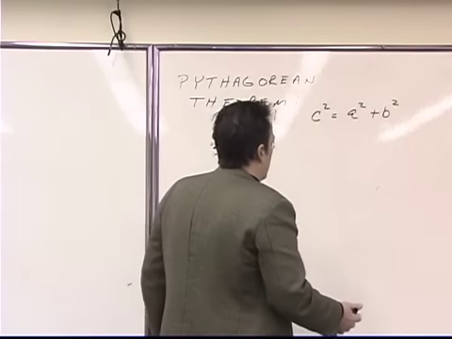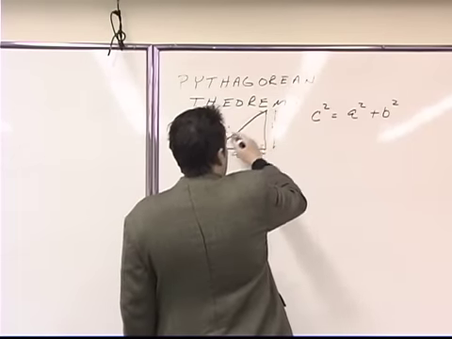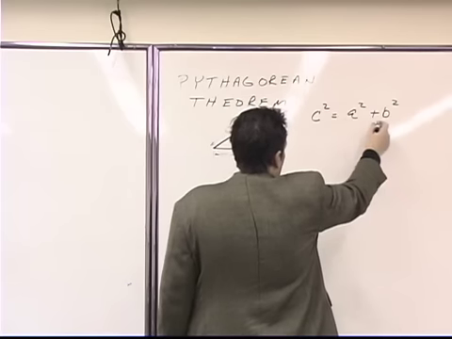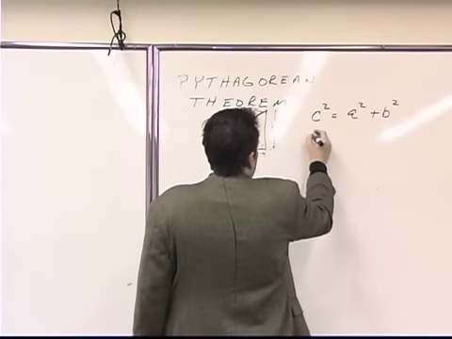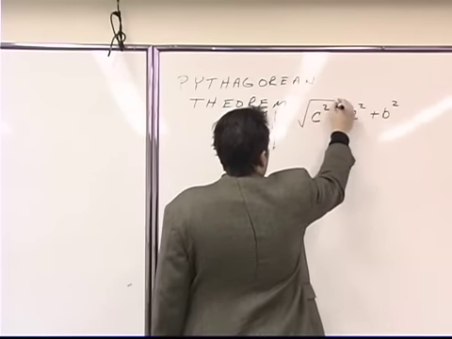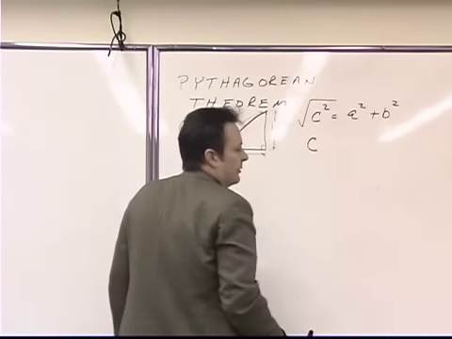So, as a result, if we wanted to solve for the length of the hypotenuse, given this formula from the Pythagorean theorem, then, of course, we could take the square root of c squared, and the square root of c squared would give us c.